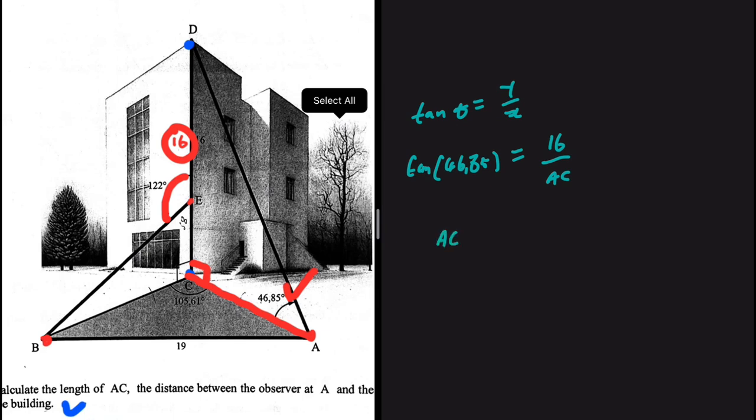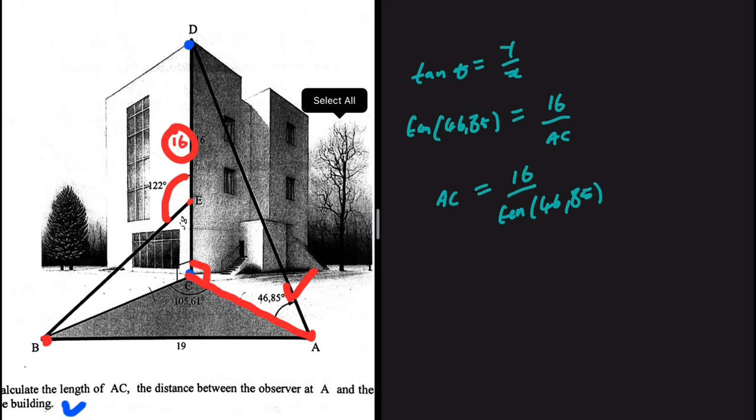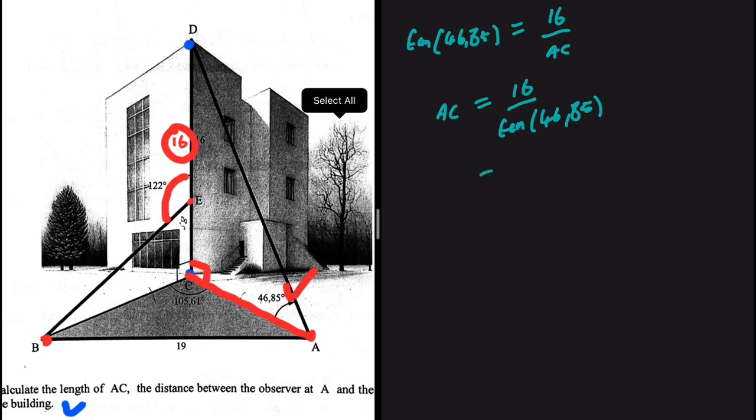So AC is equal to 16 over tan of 46.85. Now I just need to put that in my calculator. 16 over tan of 46.85 is 14.9987. I think I can round that off and write it as 15 meters.